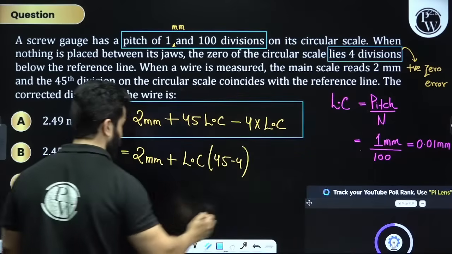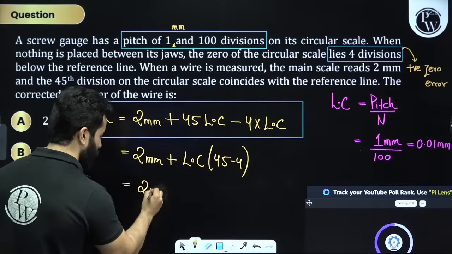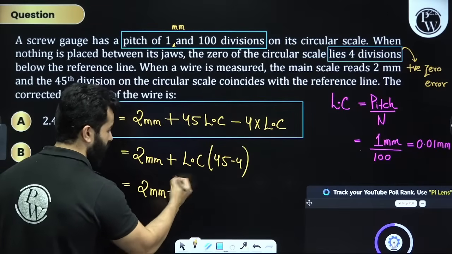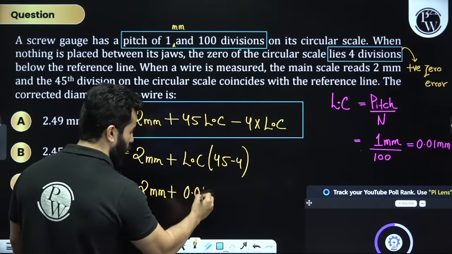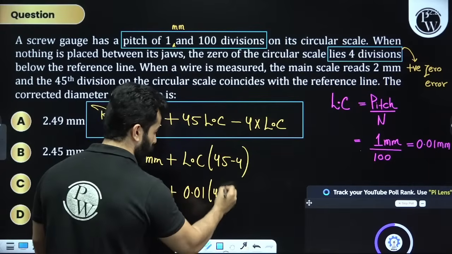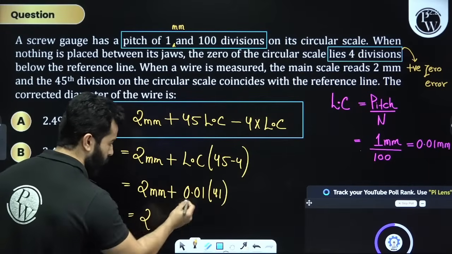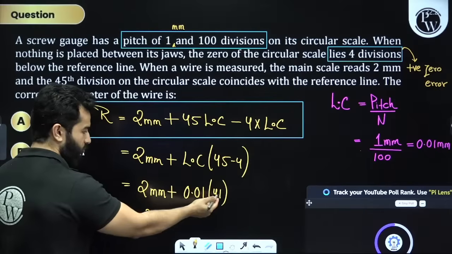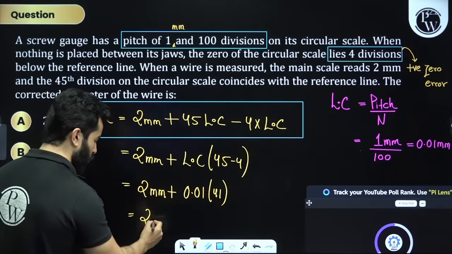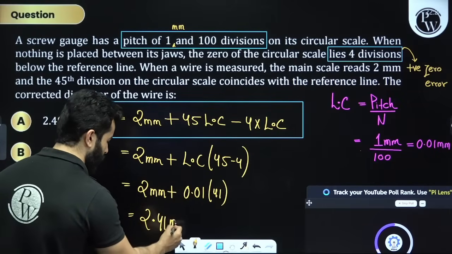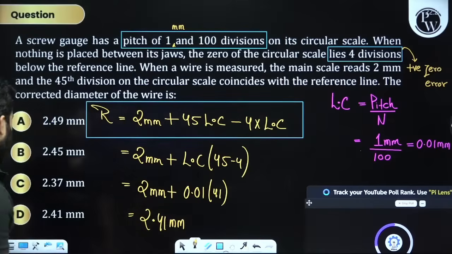That means 2 millimeter plus least count 0.01 millimeter times 41. So finally answer is going to be 2 and this is 0.41. So 2.41 millimeter is the answer. That is option number D.